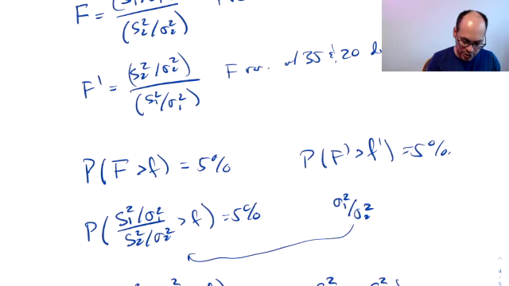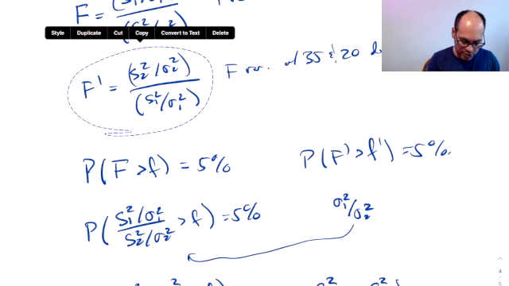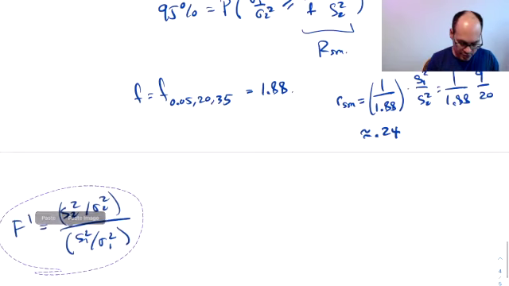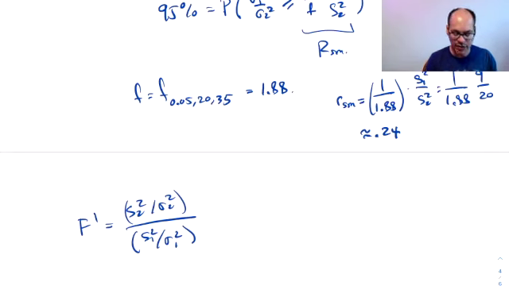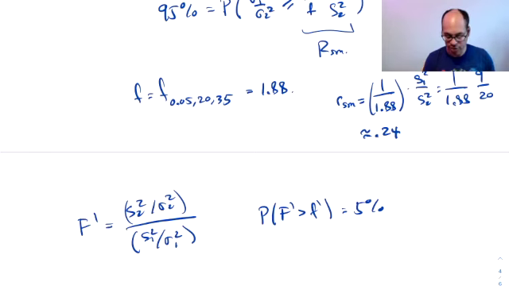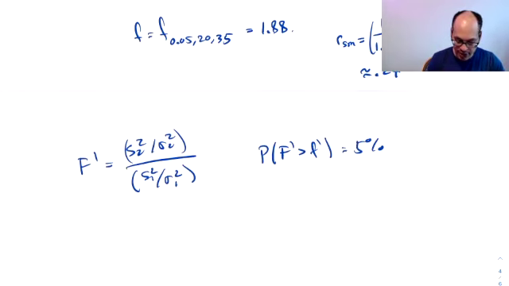For that, we'll be using this expression right here. So here we have a random variable which has an F distribution with 35 and 20 degrees of freedom, going the other way. And so we say the probability that F prime is at least a little f prime is 5%. That was the point of this little f prime. And our particular capital F prime variable is the reciprocal of that other guy.